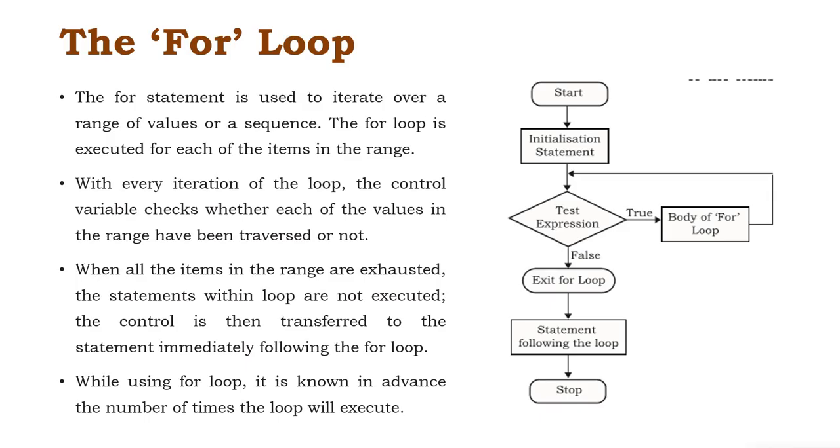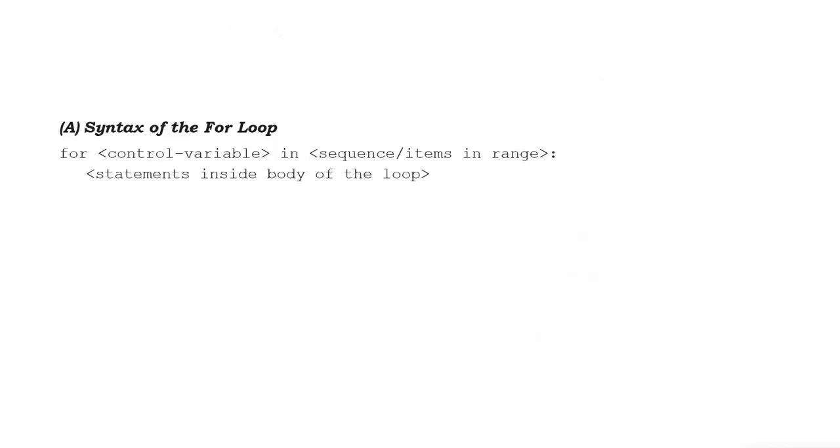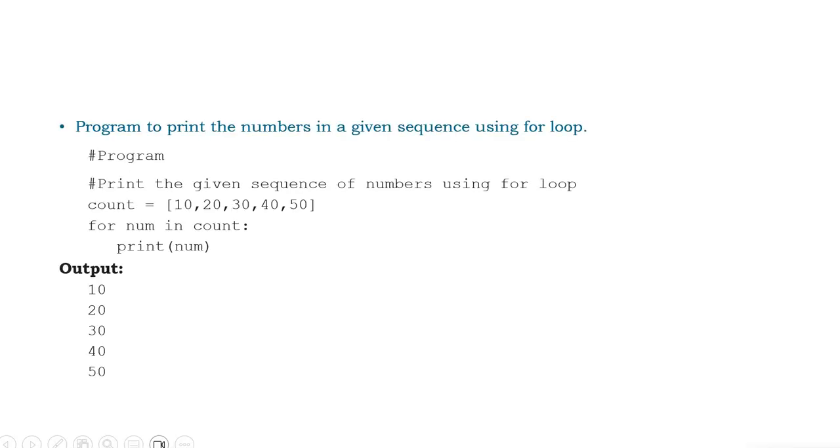Similarly, we have for loop and while loop in Python programming. So what will be the syntax? You will write for, then a control variable, then in, a sequence or items in range, and then the statements that you want to keep inside the body of the loop. Don't worry about this syntax. Let me come to the example directly, then you will get the point.